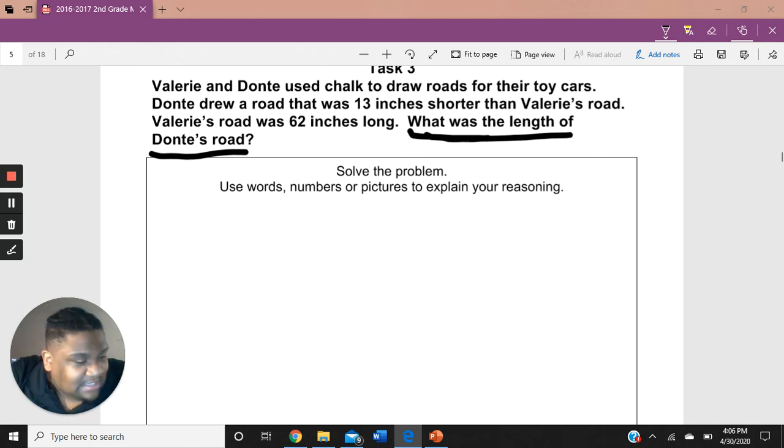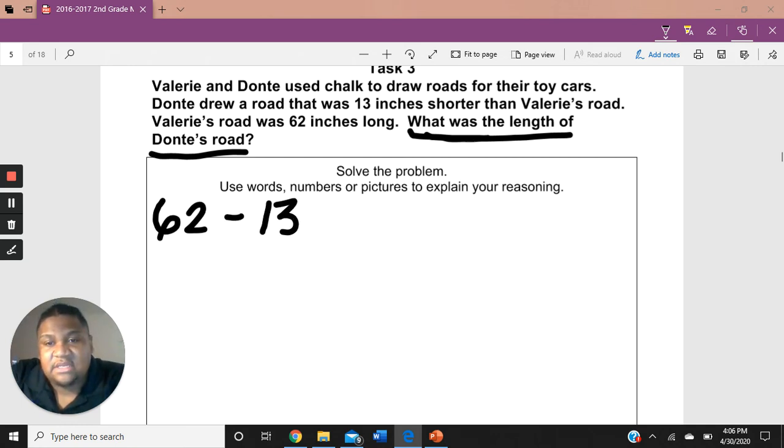All right, so let's look at what equation will help us solve our word problem. All right, so we have 62 minus 13 will give us what answer?